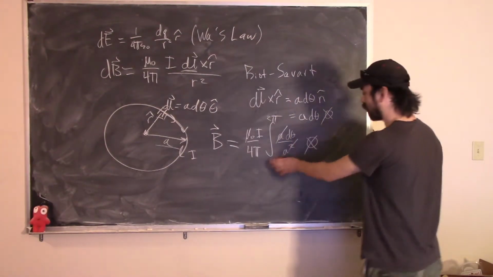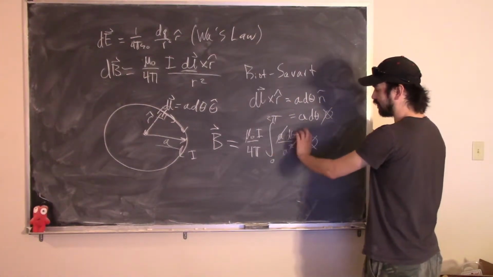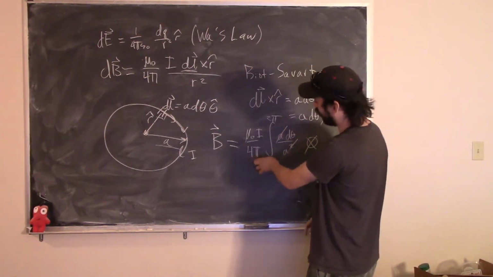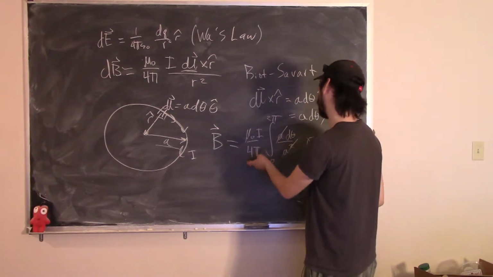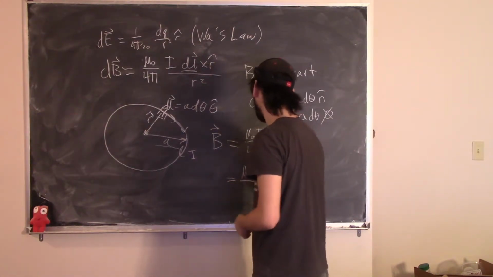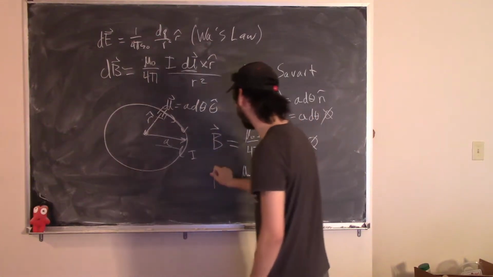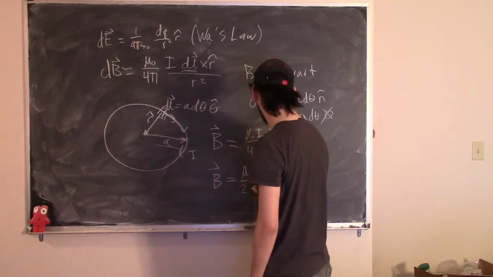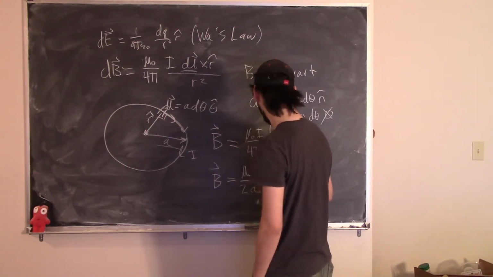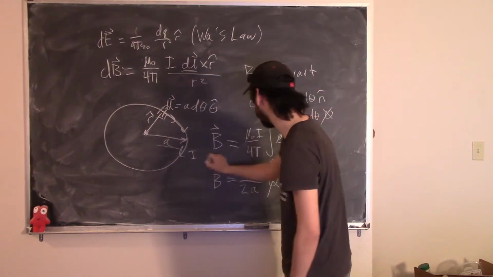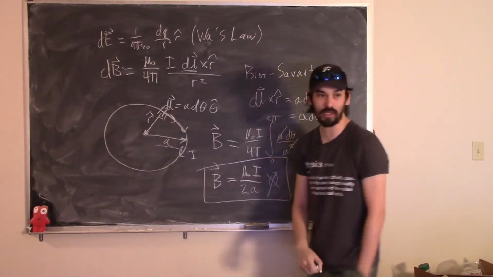It's just the integral of a constant. So the integral of d theta from 0 to 2 pi is just 2 pi. That 2 pi cancels with a portion of the 4 pi, so we're left with a factor of 2 in the denominator. And so the magnetic field B is equal to mu naught I over 2 a times the vector that's pointing in.